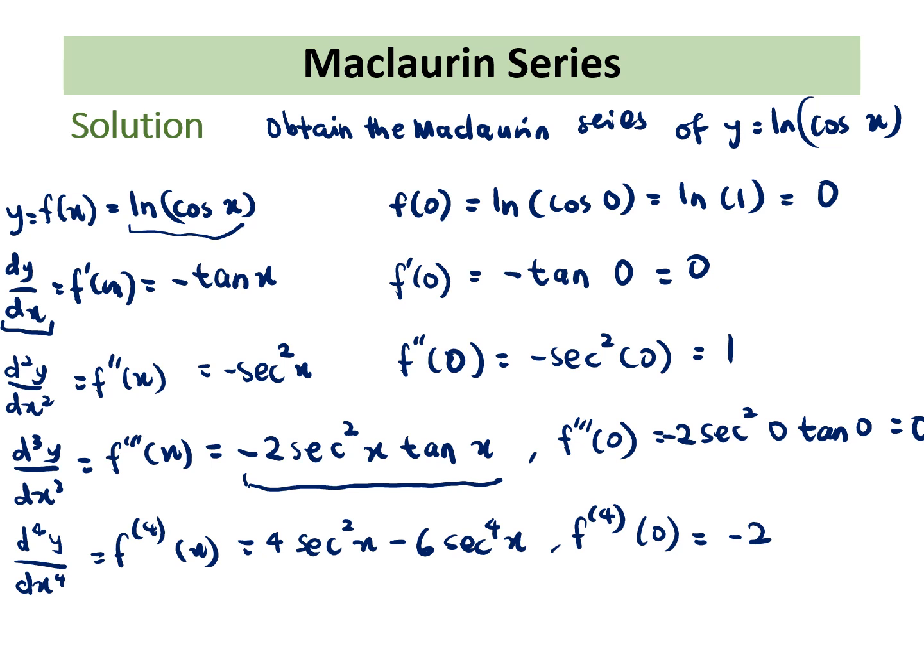Because the question asks you to get the ascending powers of x up to the term containing x to the power of 4. So in order to find the term containing x to the power of 4, you have to find the fourth derivative of the function.